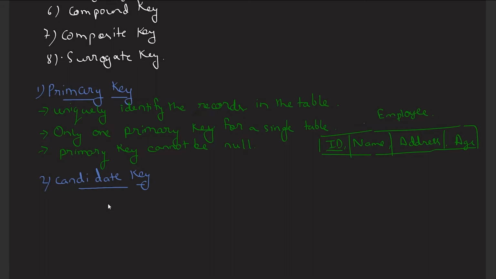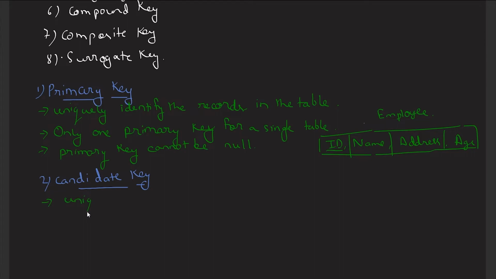Now the first one will be taken as a primary key and the rest of that will be called as the candidate key. Candidate keys also uniquely identify the record, but from candidate keys, one key will be decided by the database designer or the administrator to be the primary key. He will decide, and then that key will be treated as a primary key and the rest of them are candidate keys.